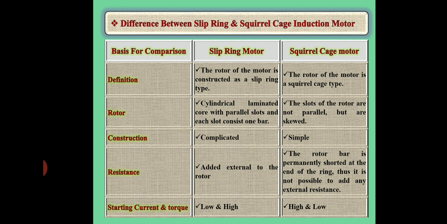Next, the difference between slip ring and squirrel cage induction motor. The bases for comparison are definition, rotor, construction, resistance, and starting current and starting torque. The first basis is definition.